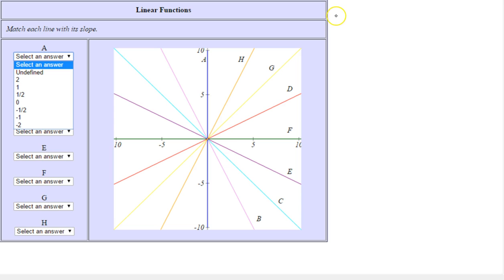So we know that vertical lines look like this. They go straight up and down, and their slope is undefined. And the reason for that is if you think of a vertical line, nothing could be steeper than a vertical line.